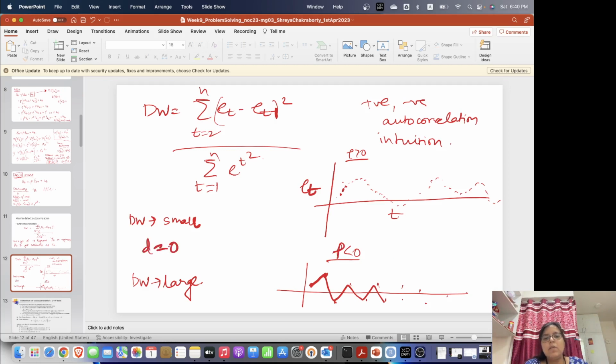But if d is close to 0, then we don't know what exactly is happening. Maybe these are all in a straight line. Actually, it will be incorrect to say we don't know.